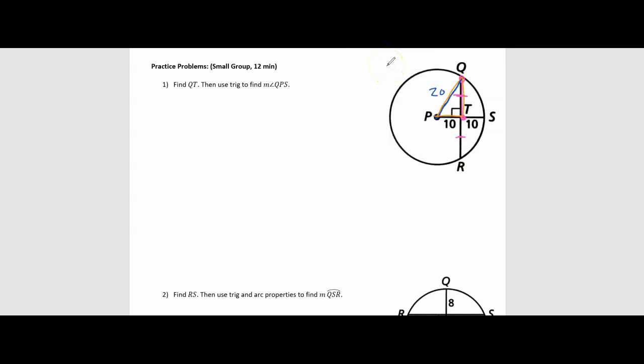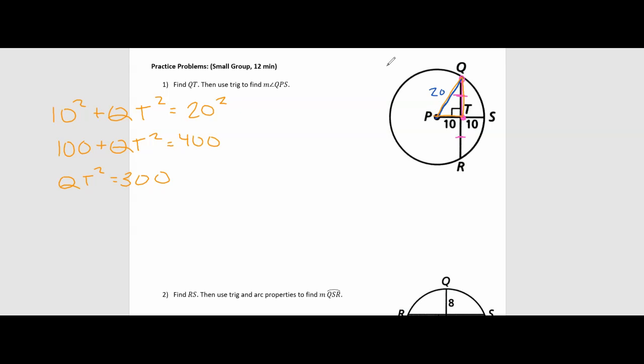I know the hypotenuse, I know a leg, I can solve for the other leg. So I get 10 squared plus QT squared is equal to 20 squared. 100 plus QT squared is equal to 400. QT squared is equal to 300.